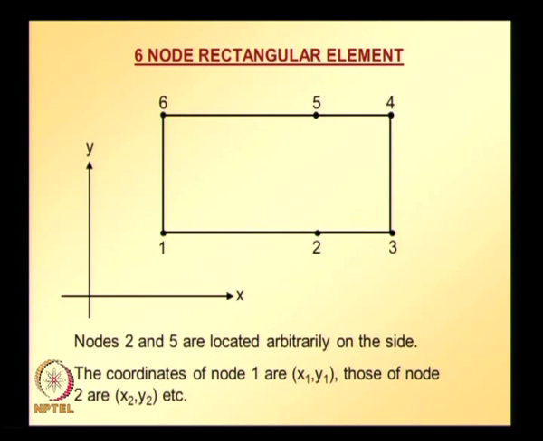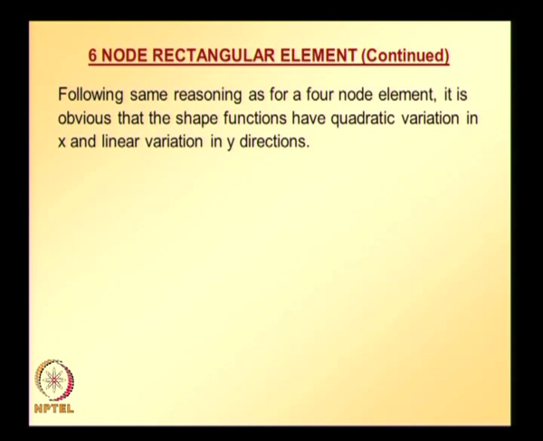So, now let us write the shape functions for all the nodes of this 6 node rectangular element following same reasoning. Following same reasoning as for 4 node element, it is obvious that shape functions have quadratic variation in x direction and linear variation in y direction.